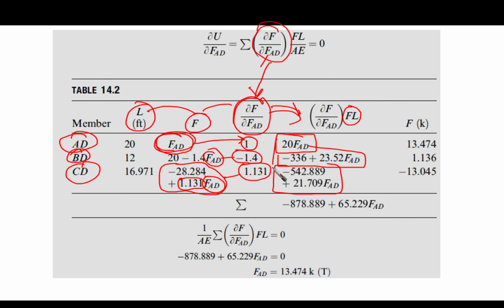Then we sum these three up. Whenever we sum, we're going to find that this is minus 800 something plus 65 something FAD.